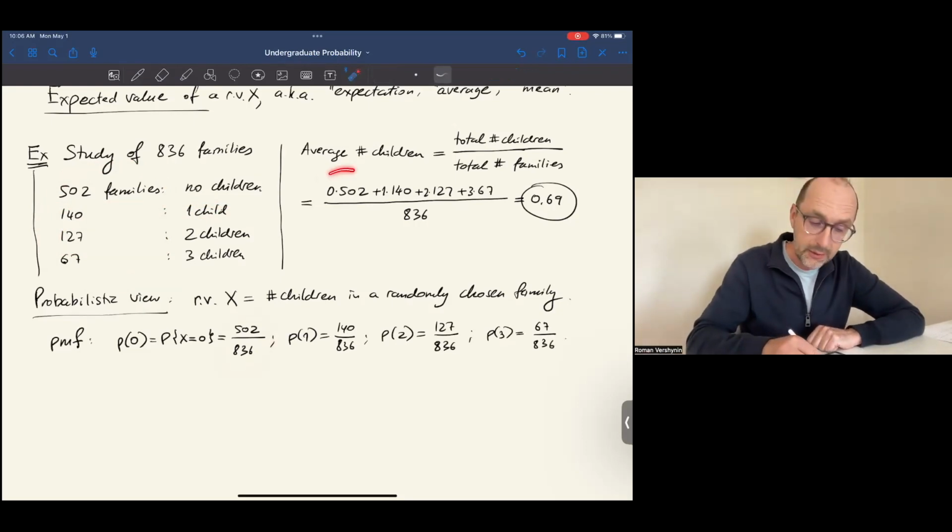Now, if you look at the previous solution, this ratio appears there. And this ratio also appears there. And this. And this.